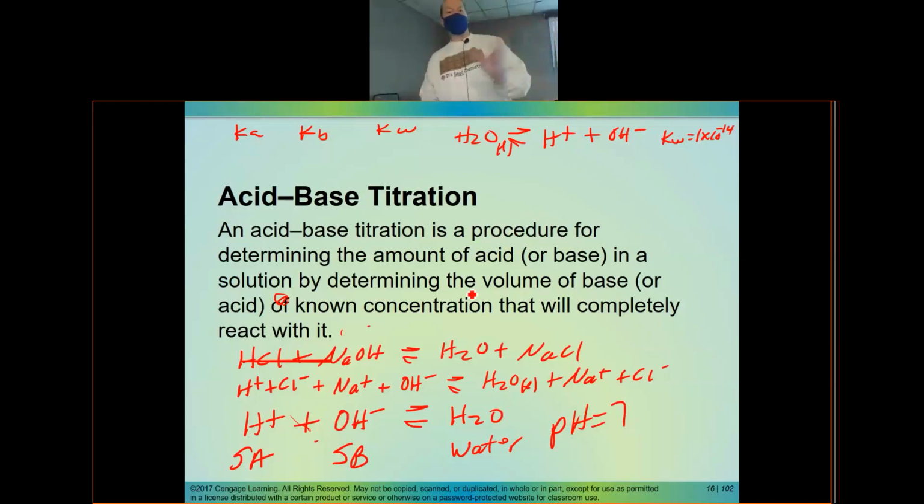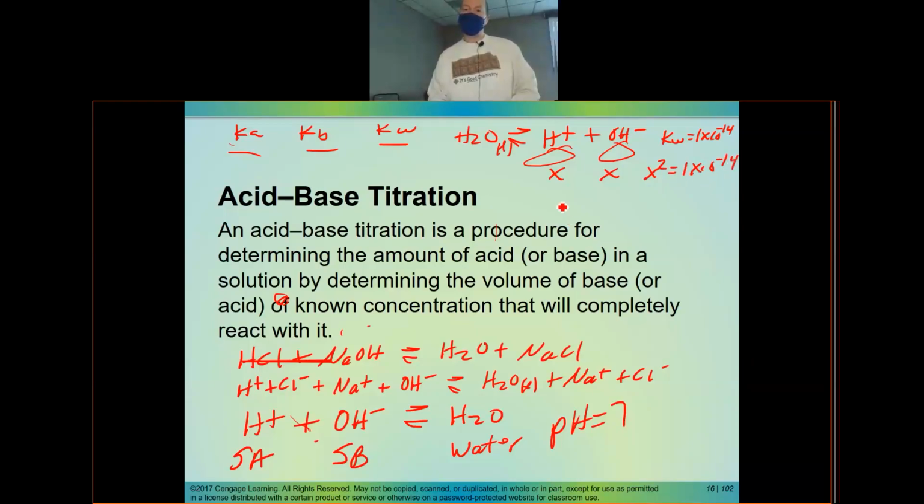All right, so as long as you write these three reactions, then you know for sure that something on this left side, either the H plus or the OH minus, has to be 0. At the equivalence point, they are both 0. All right, and so it goes completely to the left until they're both 0, but you can't have a 0 because it is equilibrium, and so it has to come back as x and x, and so you end up with x squared is equal to your Kw, which is 1 times 10 to the minus 14.